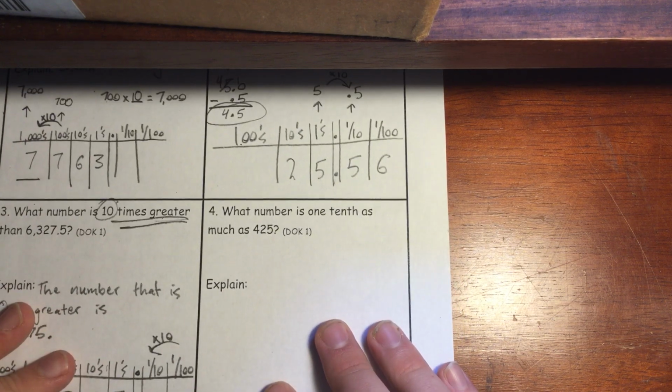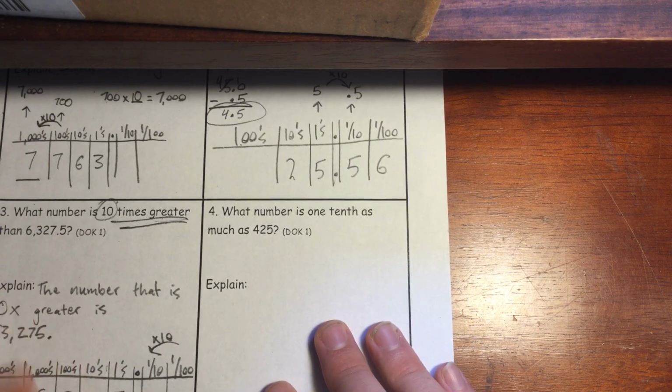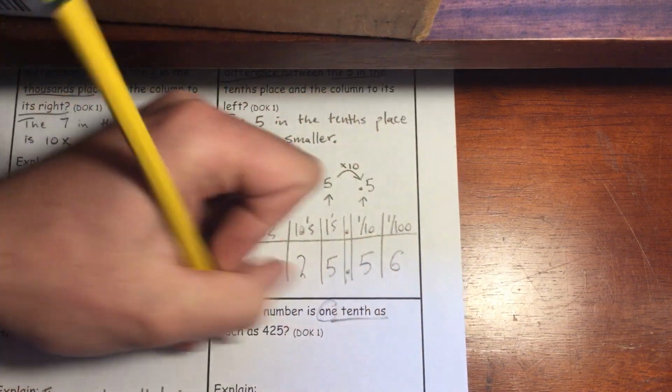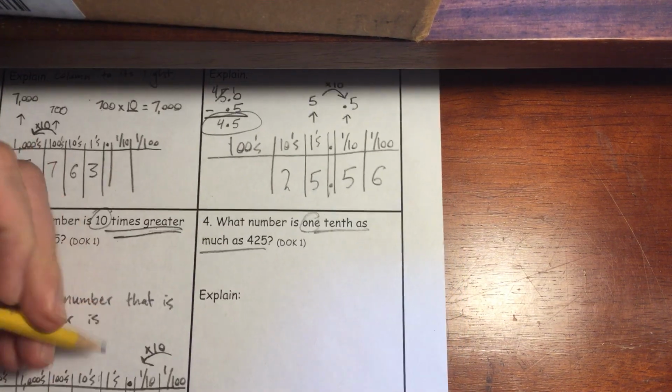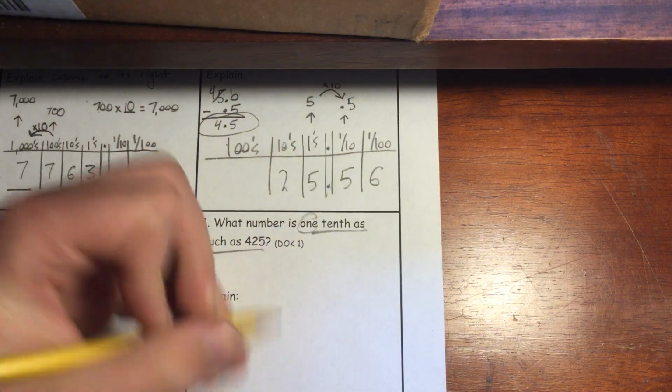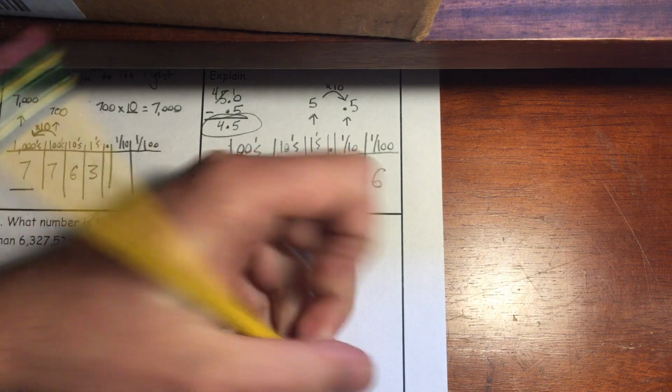What number is 1/10 as much as 425? 1/10 as much as 425. So I'm also going to put this into a place value chart.